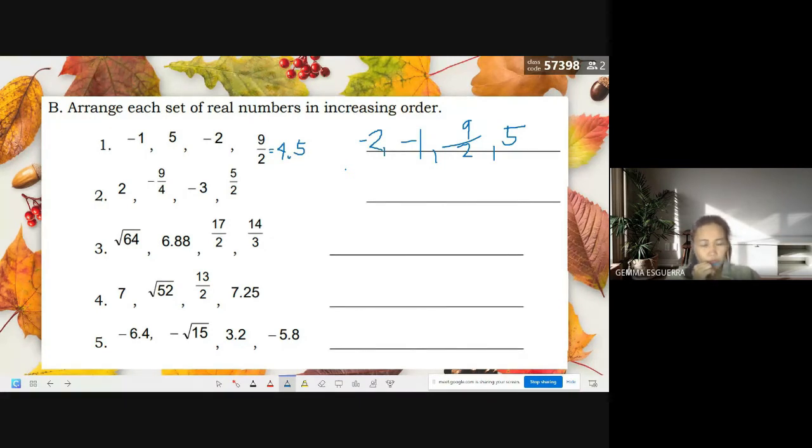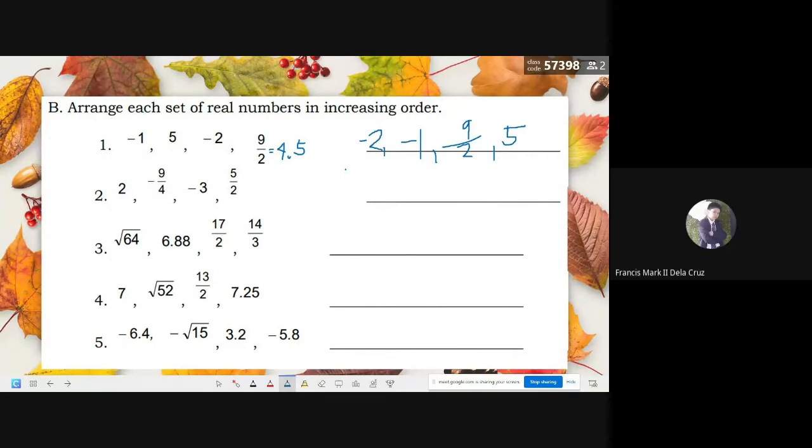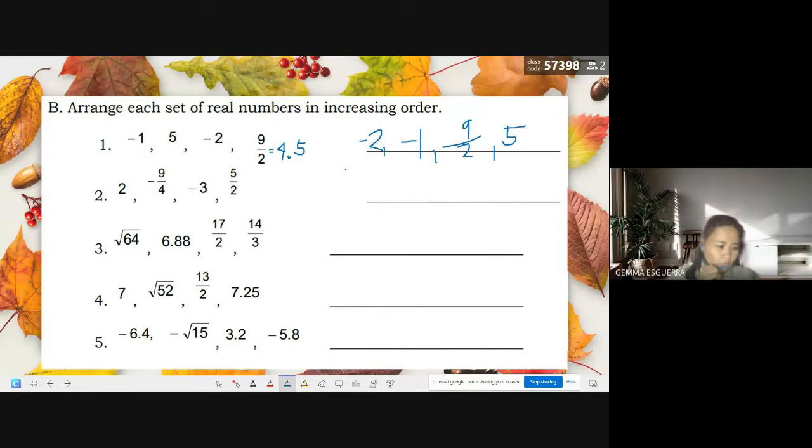So, negative 9 over 4. Ma'am, negative 9 over 4 po ba yan? Yes, negative 9 over 4. Negative 9 over 4, if I'm not mistaken, that is negative 2.25. Tama ba? So, ibig sabihin, ang pinakamaliit po dyan is negative 3. May nakita na akong tamang sagot.